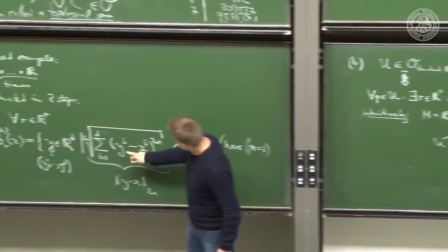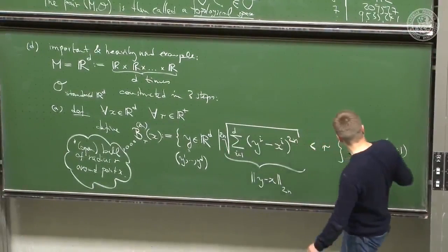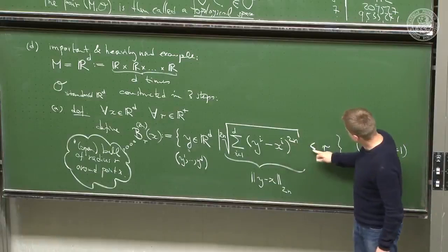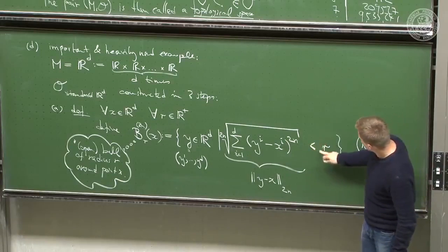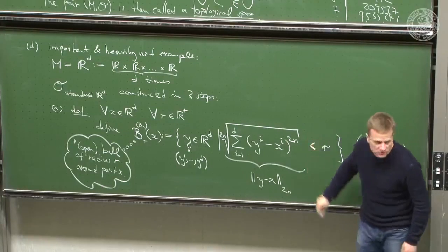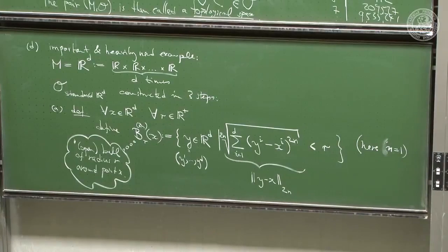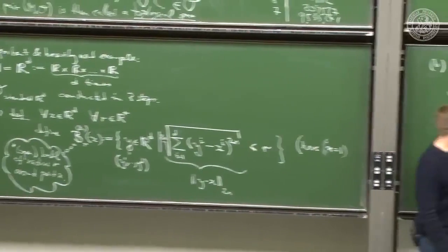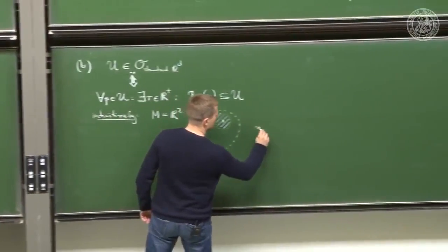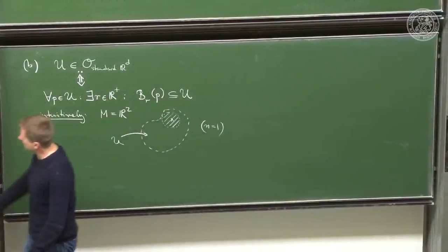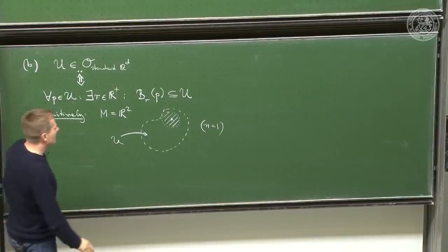The distance, square root, for n equals 1, it looks like this, is less than r. That means it's really less. It's not less or equal to, then the boundary would belong to it. It's less than r. So this is the n equals 1 case that we want to focus on.